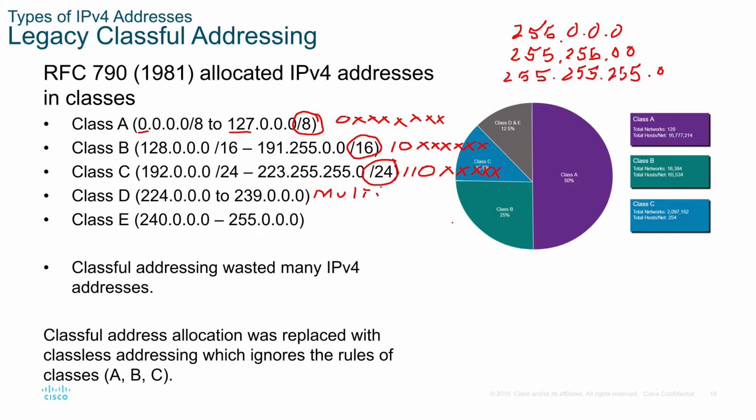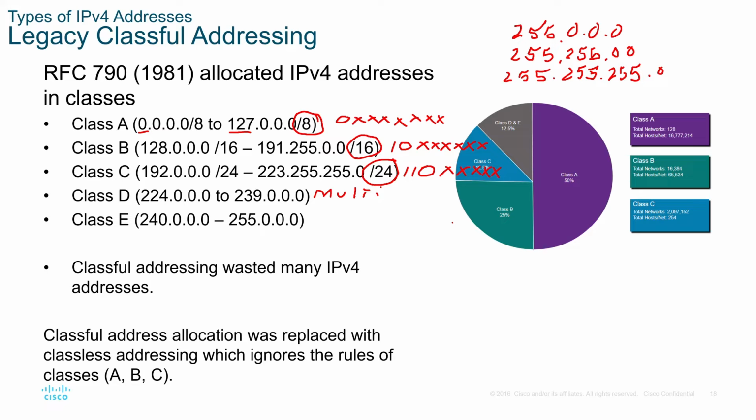We use the 224.0.0.5 and 6 for the routing protocol OSPF to communicate between routers. There is no subnet mask for a Class D. It is a strict number. It is not a network.